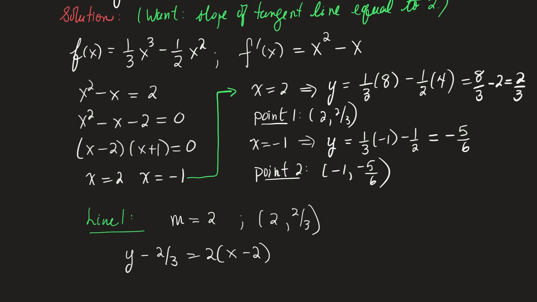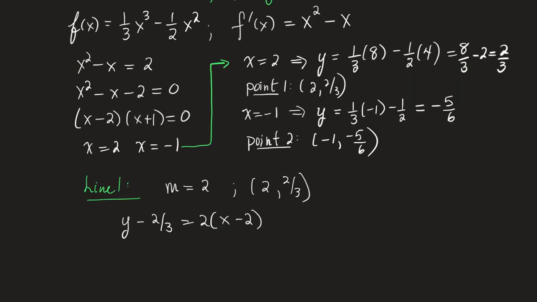I'm going to rewrite that: y is 2x minus 4 plus 2/3. So for this line, y is 2x minus 10/3.